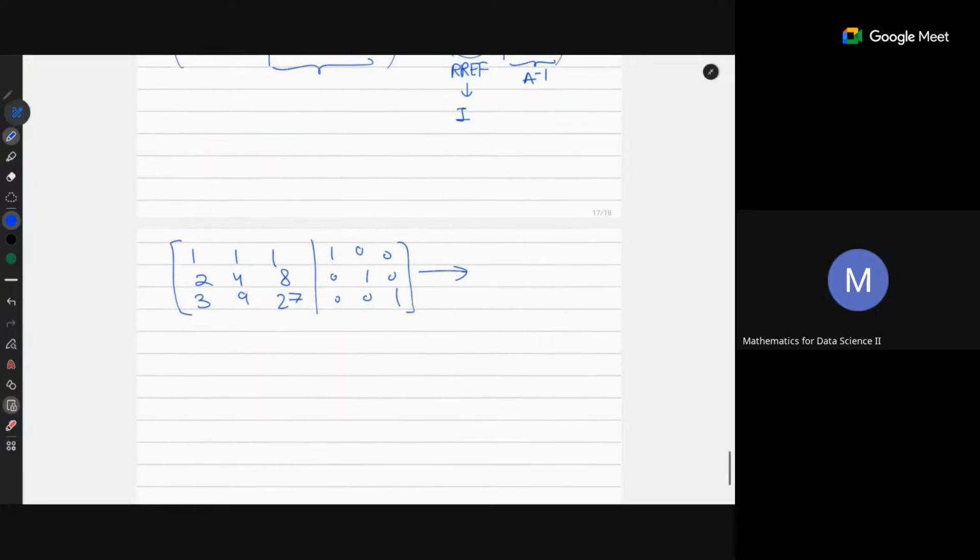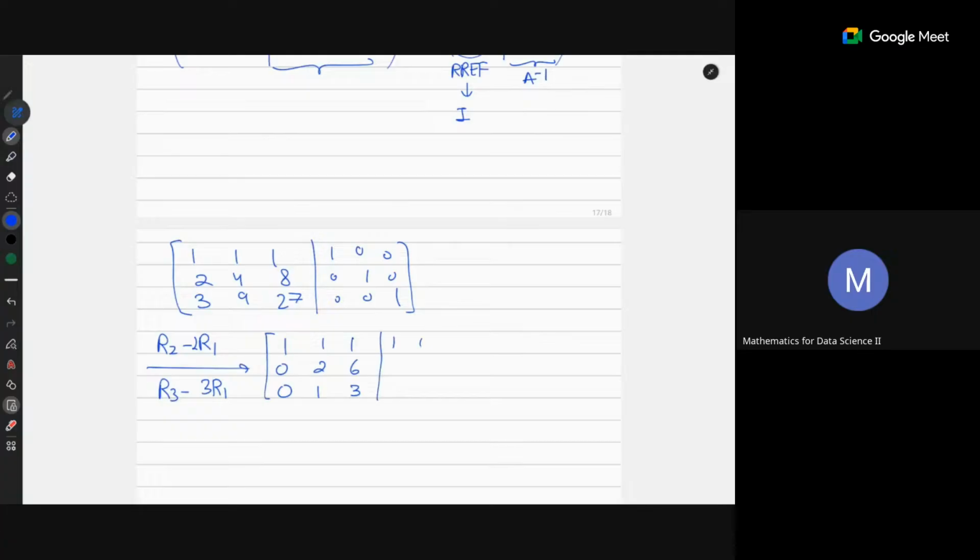Now I apply first R2 minus 2R1, and R3 minus 3R1. So I will get 0 0 1 2 6 4 minus 1 8 24 3 1 over here.